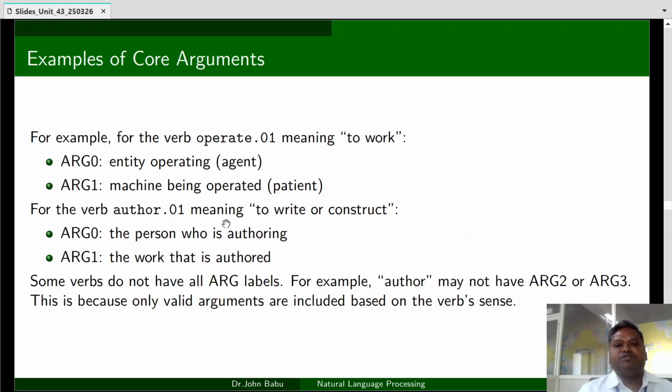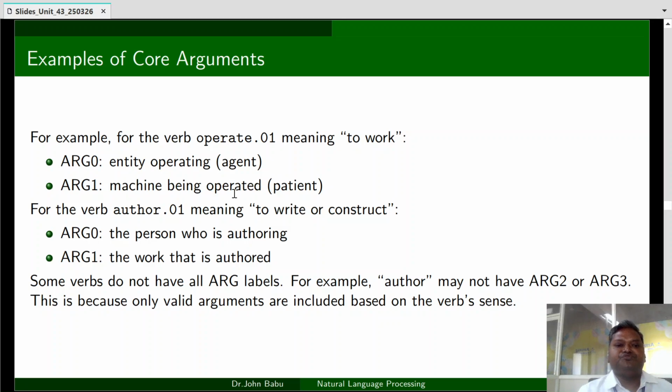For example, if you have the verb operate, operation means working. Here Arg0 is who is working, the entity operating, and Arg1 is on which the operation happens, the machine being operated, that is a patient.